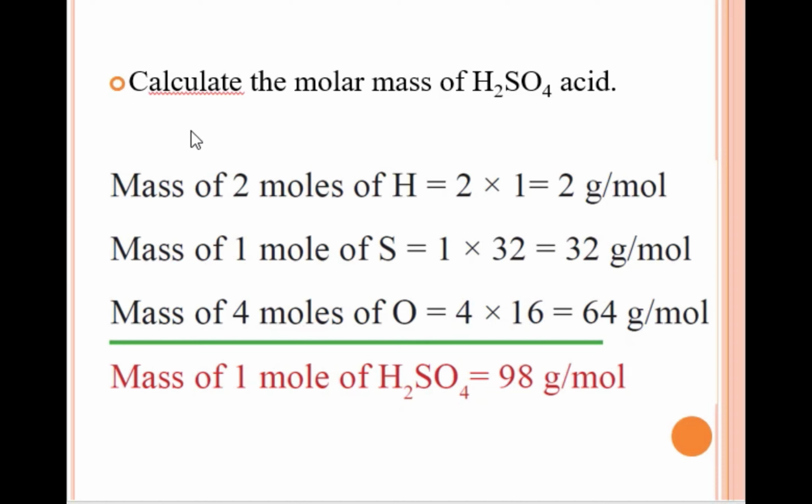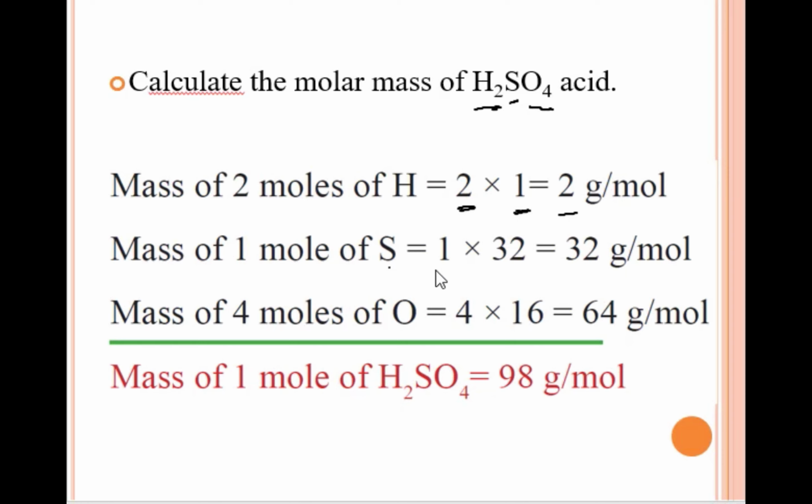Another example, calculate the molar mass of sulfuric acid. We have 2 hydrogens, 1 sulfur, and 4 oxygens in one sulfuric acid molecule. 2 times 1 is equal to 2, because the atomic mass of hydrogen is 1.